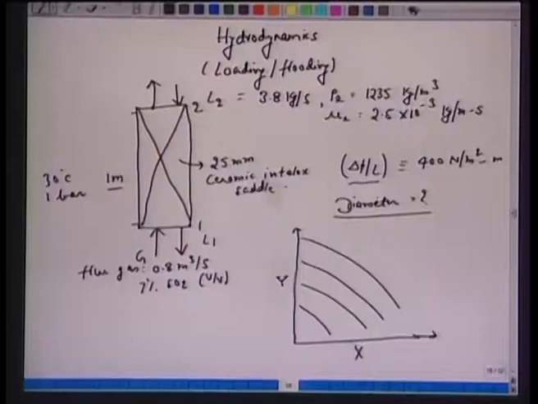So, let us do this first. First we have to determine L prime by G prime, rho G over rho L to the power 0.5. So, this is on your x coordinate.